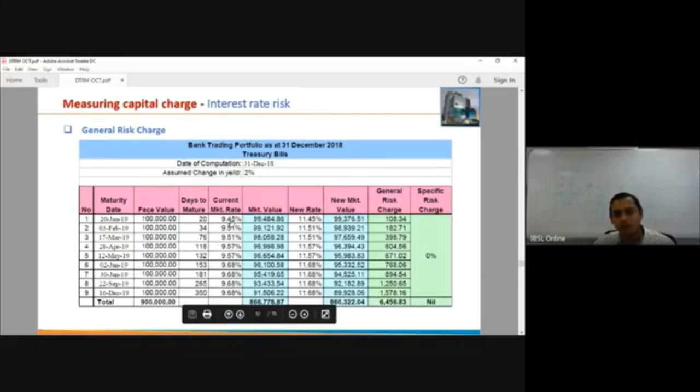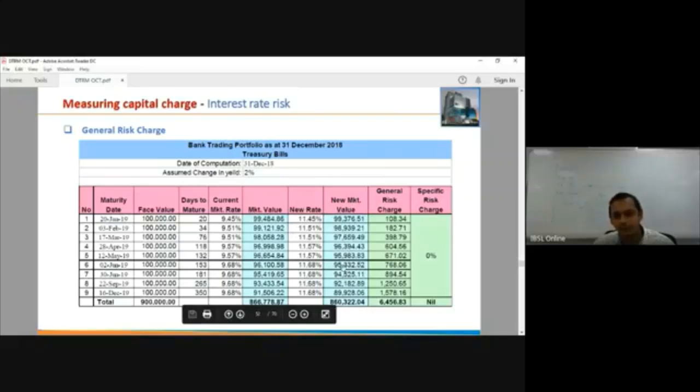So 9.45 plus 2% is 11.45, and similarly 9.68 becomes 11.68. For all the instruments, you add 2% to the current market rate. Therefore, you get a new market rate. Again, you compute the market value applying the new market rate. Your face value will remain the same and the number of days to maturity will remain the same, but for the yield rate, you apply the new rate.